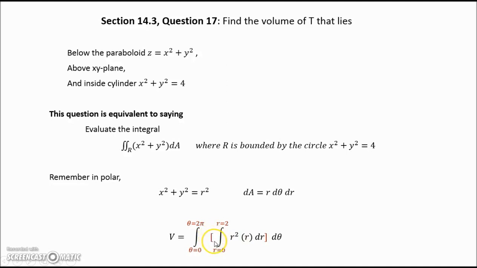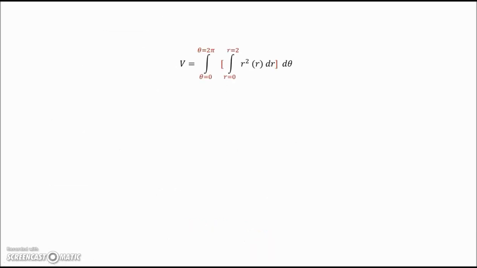So I also put my red brackets again here. We are integrating with respect to r. We have r squared multiplied by r, which is r cubed. If you do this integral, you get r to the power of 4 over 4, with limits r equals 0 and r equals 2.